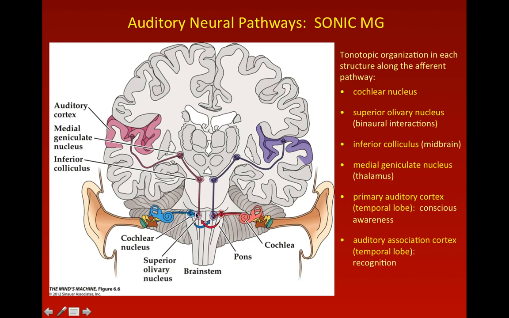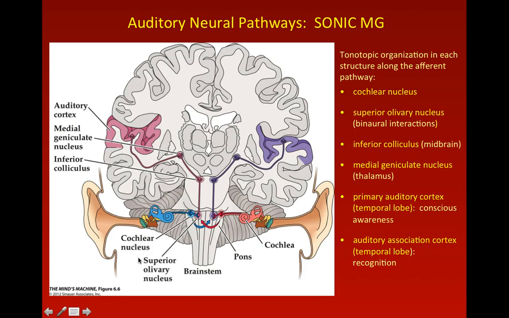The superior olivary nucleus gets information from both ears. It gets information from the ear on the same side, and it's also getting information from the cochlear nucleus on the other side. So the superior olivary nucleus in the brainstem is the first place where neurons in the auditory pathway are getting information from both ears, and they're starting to process it together.